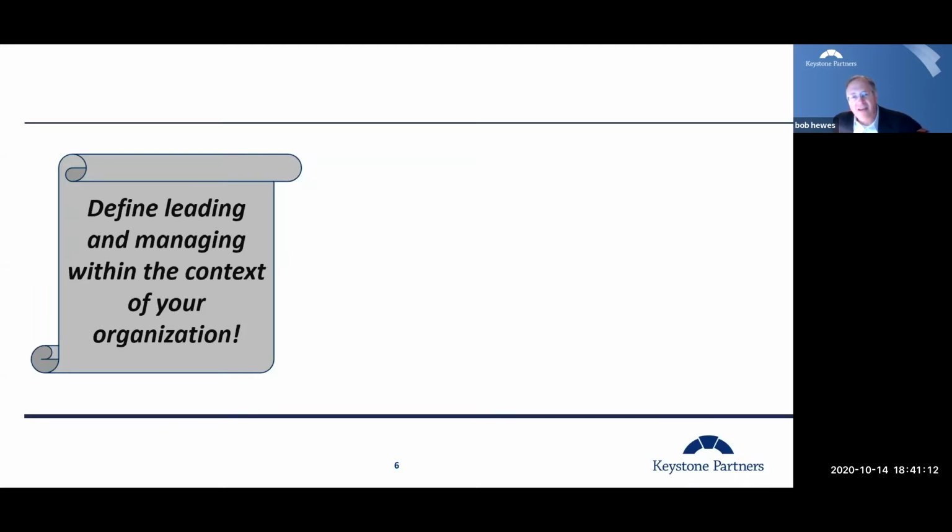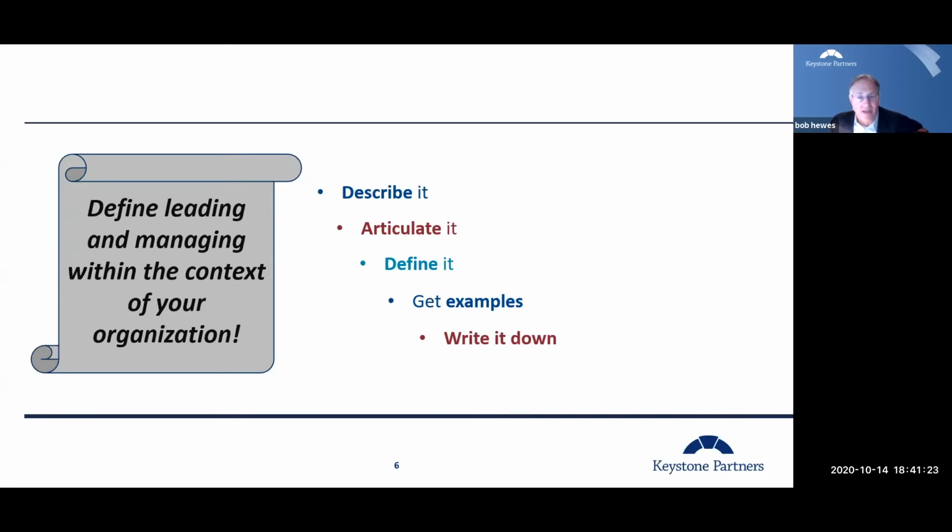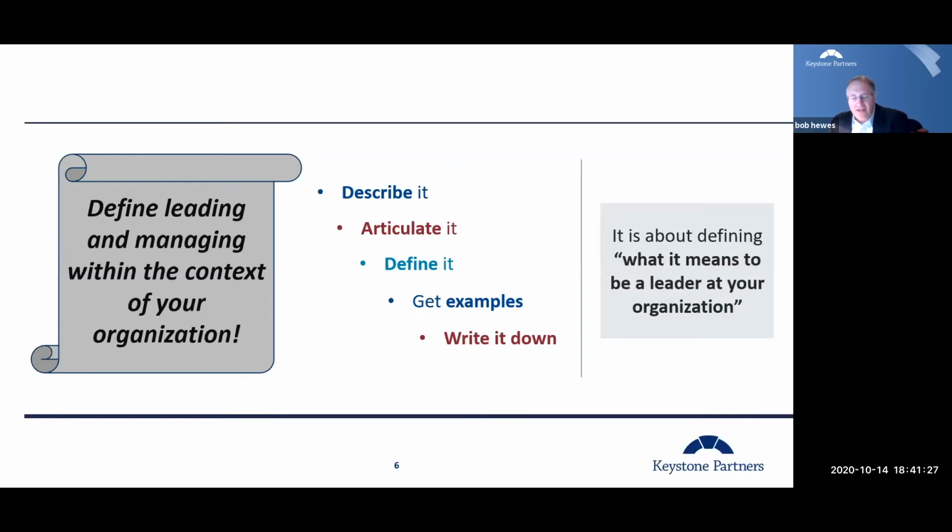And what we've got to get good at doing is describing that. You need to articulate it. In essence, I'm saying define it, get it written down, and have some examples. What we're trying to do is get good at saying just what it means to be a leader at your organization.